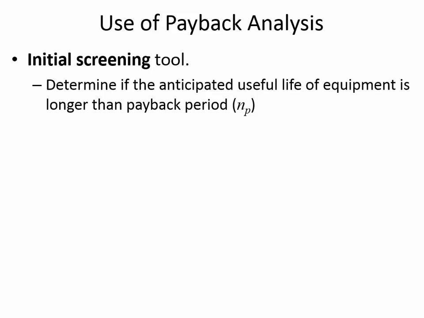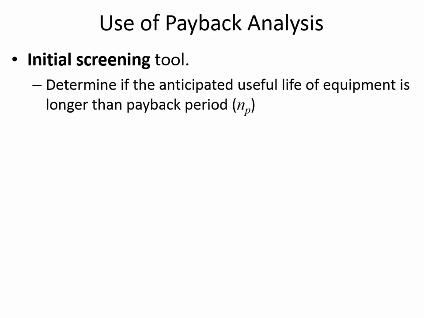So this payback analysis that we're going to do today is only a screening tool. What we'll do is we'll look at two alternatives. One option can be paid off quickly, and the other option takes a greater number of years to pay off. The thing that we should compare those times to is how long the equipment will last.